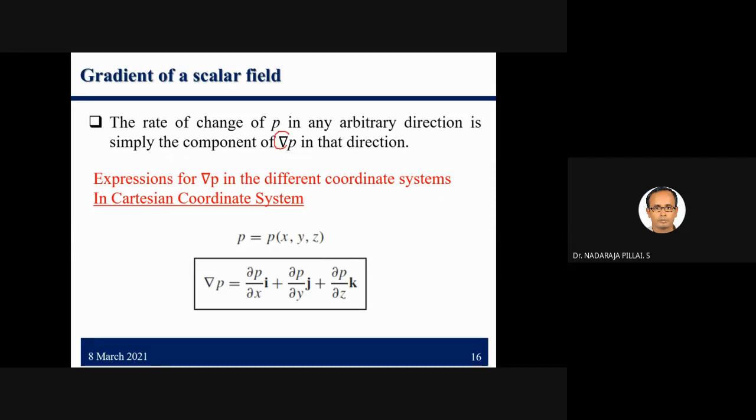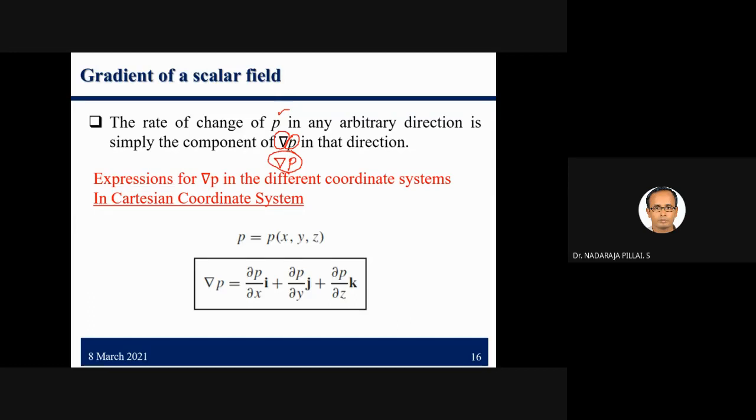This is the symbol we use for a gradient, and P is pressure. So the rate of change of P in any arbitrary direction is simply the component of del P in that direction.